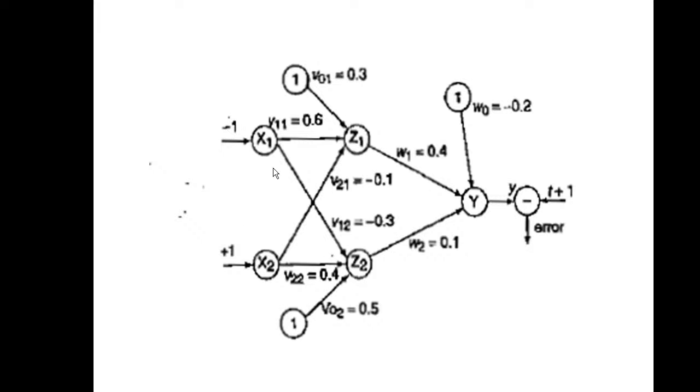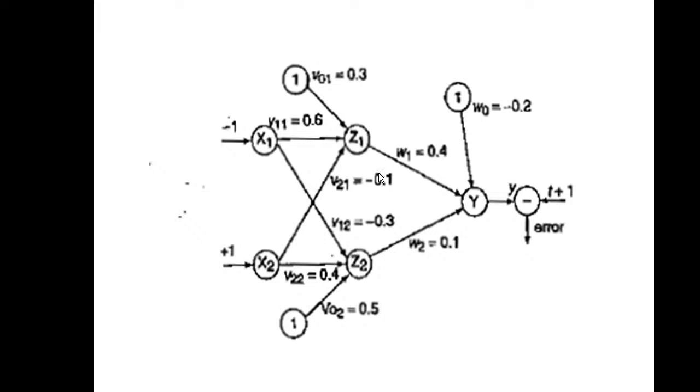I told you that for the weights between the input layer and the hidden layer, you must use the letter v, and between hidden and output you use w. Then there is one bias on the Z1 hidden unit, that is V01, which is 0.3, and one bias on Z2, that is V02, which is 0.5.